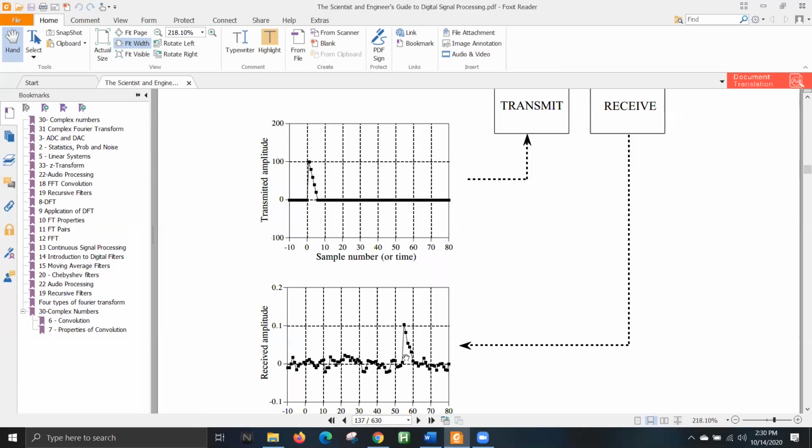When it performs correlation between these two, it will use this and slide it around. At one particular point it will fully match, it will directly align. In all other points it won't align much, so it will be gibberish, but at one particular point it will align fully.